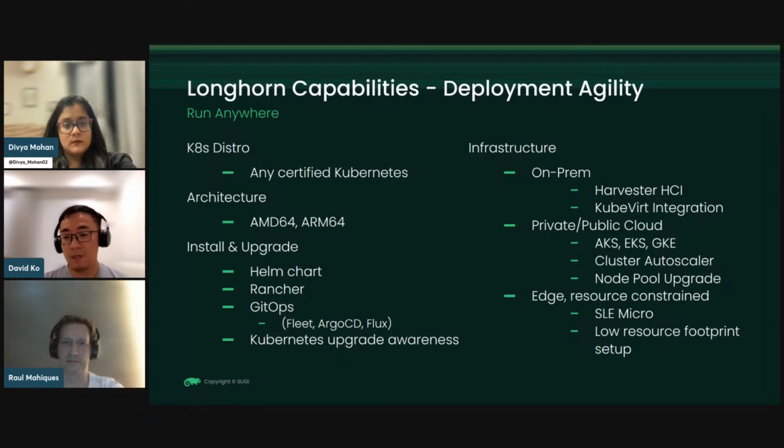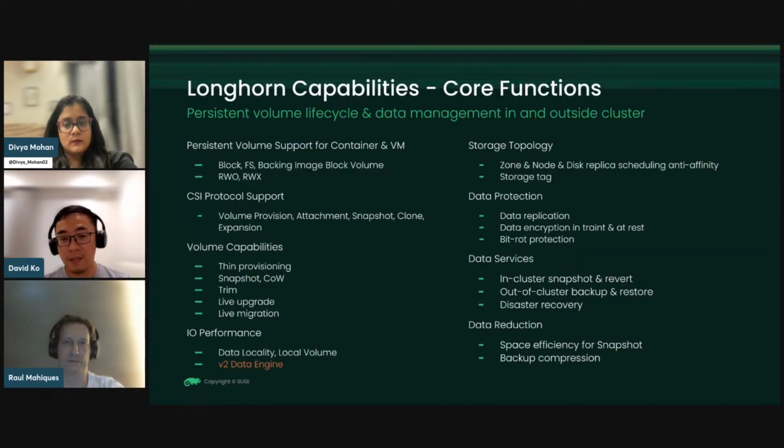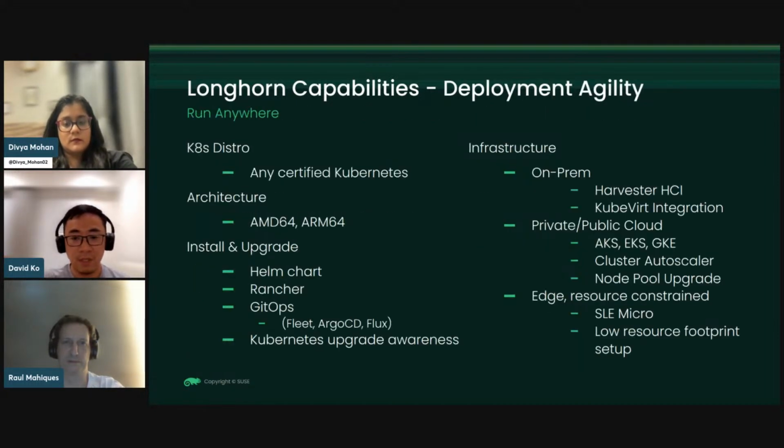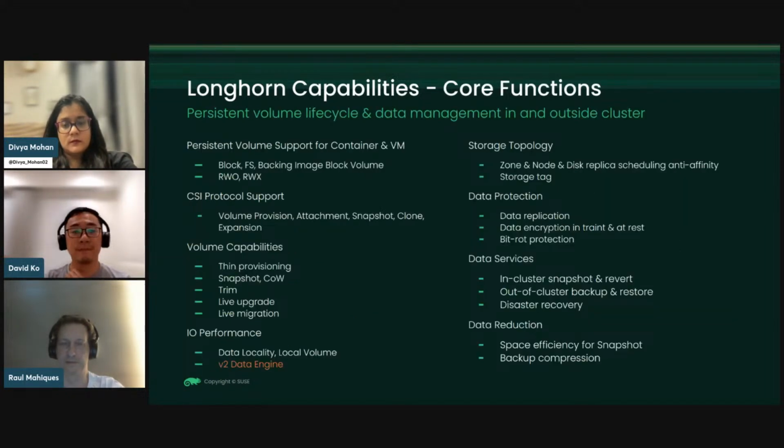So for edge, we can run K3s well with the latest version, and also the SUSE Edge solution integrates Longhorn as a storage component in its product stack. So the edge will mostly focus on the low resource footprint.